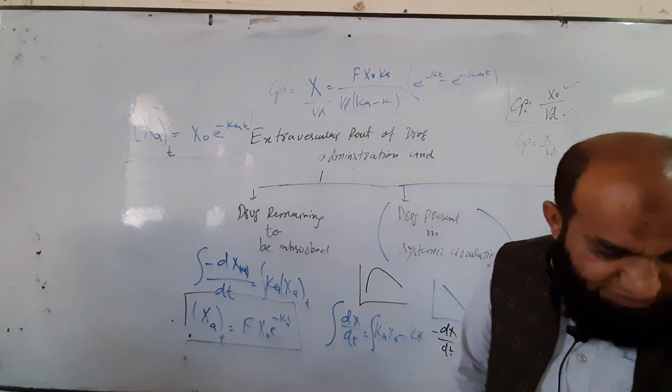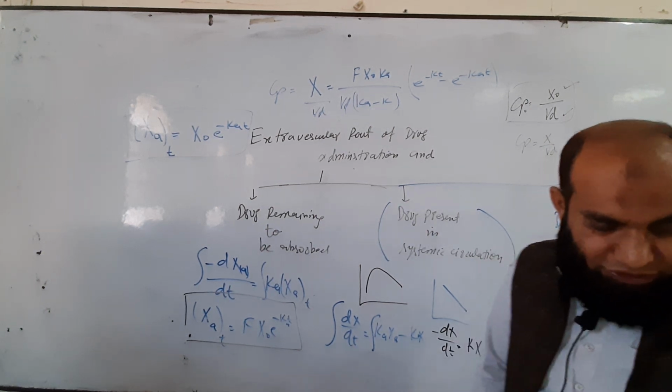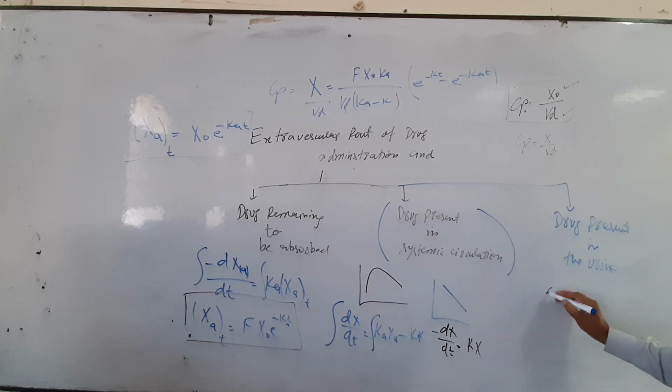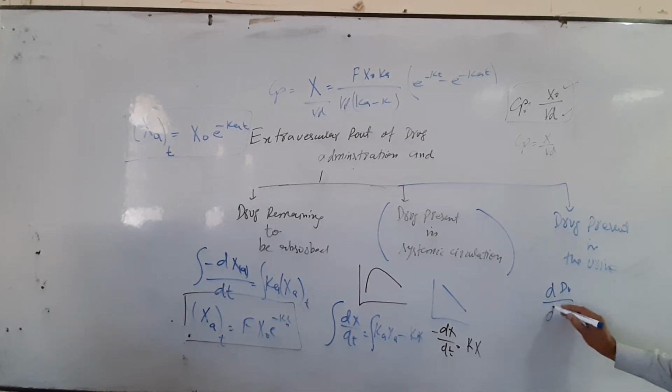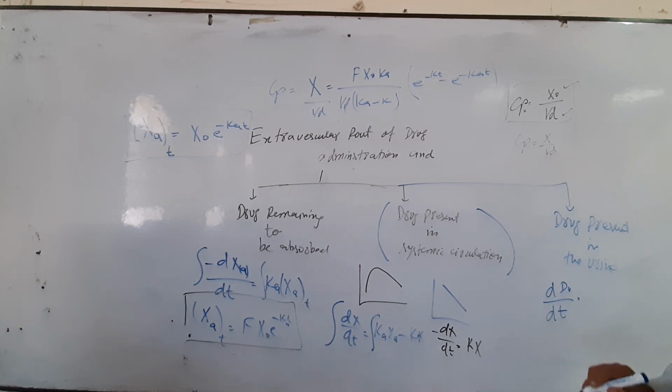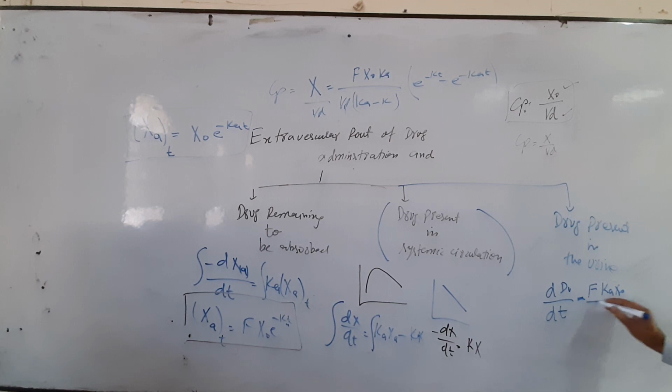We will take the rate of change of the amount of drug in urine, dXu over dt, and remember we will have the same formula: the fraction of drug which is getting absorbed, F Ka X naught over, it's not X, it's Xu, the amount of drug which is coming into the urine, (Ka minus K), times (e to the minus Kt minus e to the minus Kat).